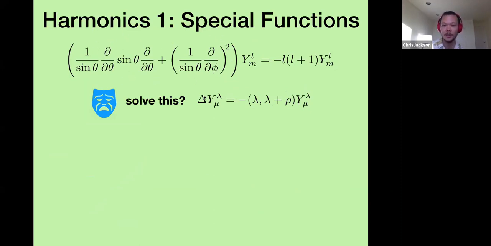And then you would normally make an ansatz that these YLMs separate as a product of a function of phi and a function of theta. And then by some miracle, that ansatz works and you arrive at a formula for all the YLMs. So you might think you might want to do that in general. So I put a sad face here because, well, that's a lot of work.